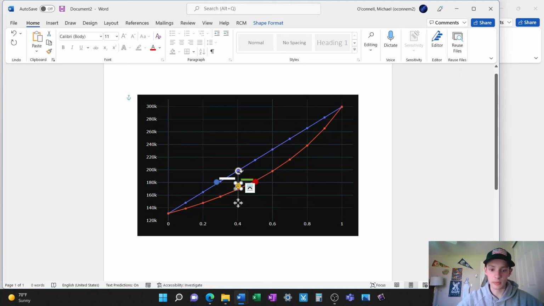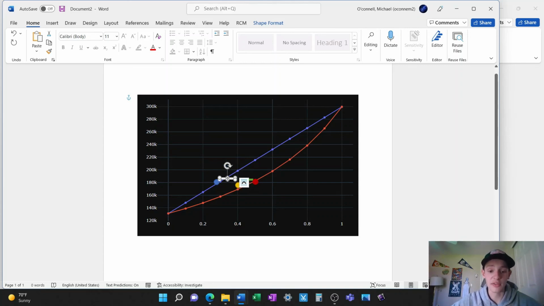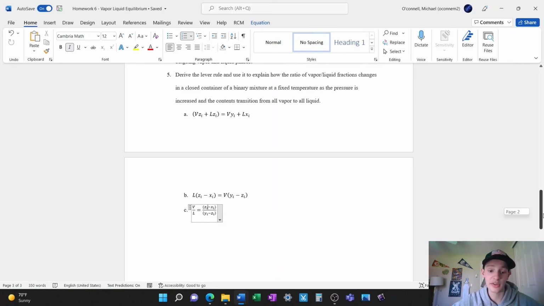As we increase the pressure, the vapor phase starts to decrease and the liquid phase starts to increase. As I decrease the pressure, the liquid phase starts to decrease and the vapor phase starts to increase. So you can really think of it just like a teeter-totter when you're at the playground.